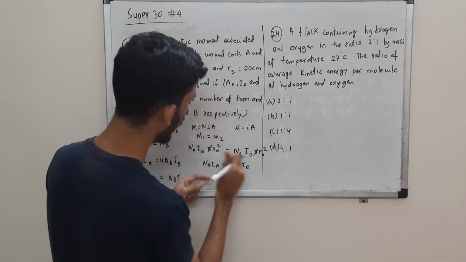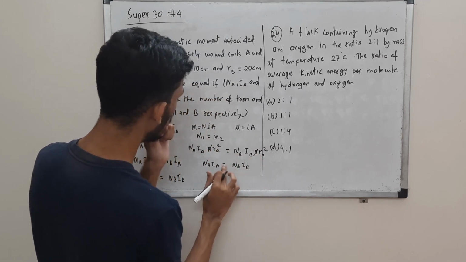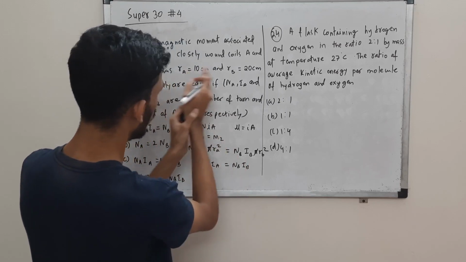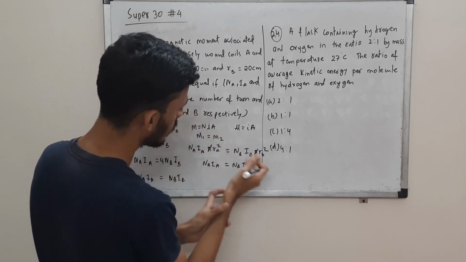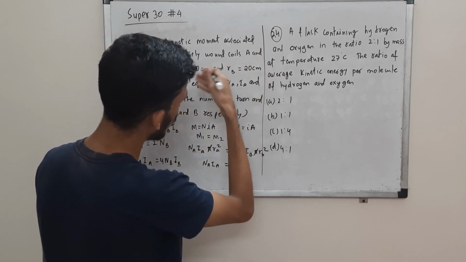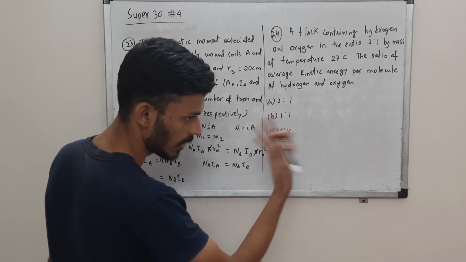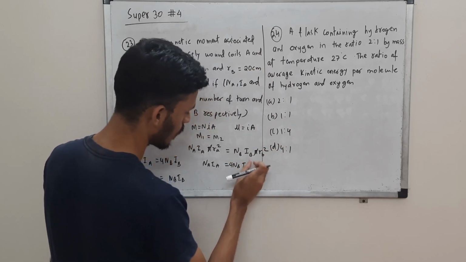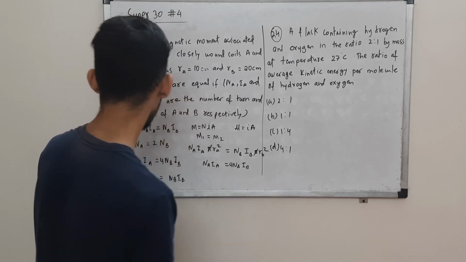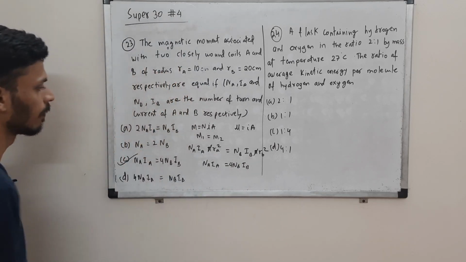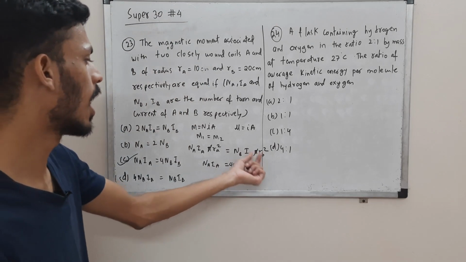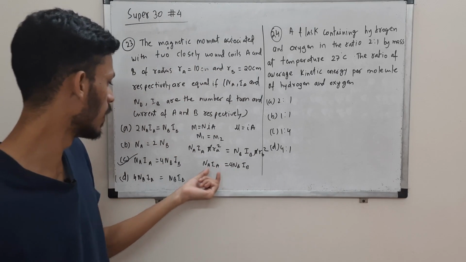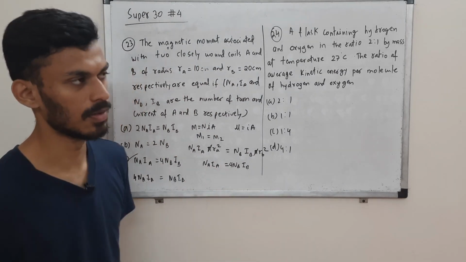If you see Ra and Rb, the relation between them, here also I have Ra square, but Rb is 2 times of Ra, and here it is squared, so 2 times of Ra square. So that will become 4 times Ra square, Ra square cancel. So you'll get this relation, which is option C. I just substituted Rb as 2 times of Ra, and that cancelled out, and here we have this term as 4 times of the other one.